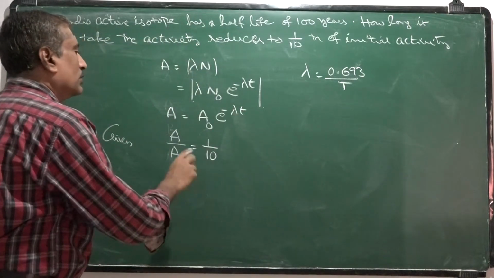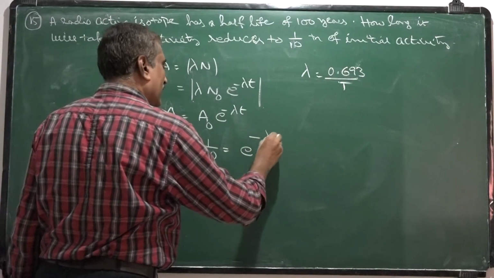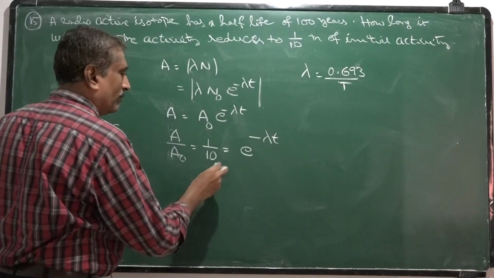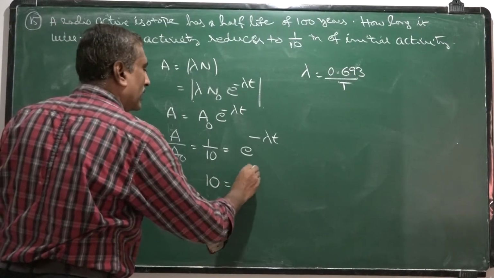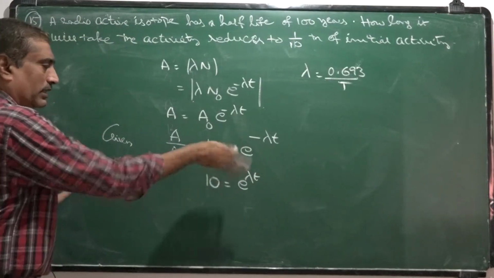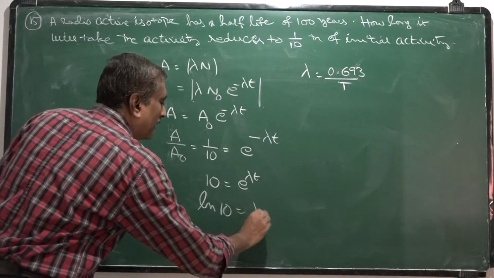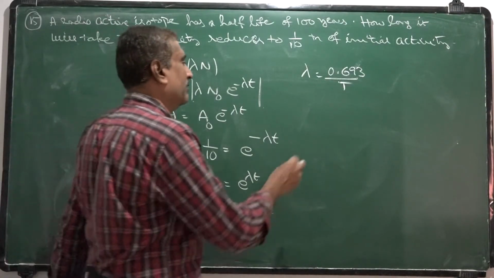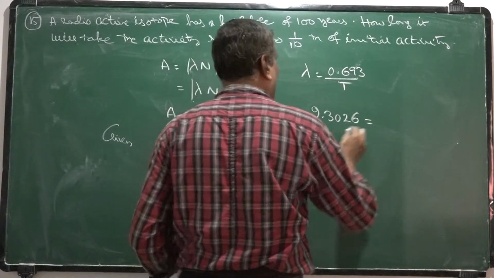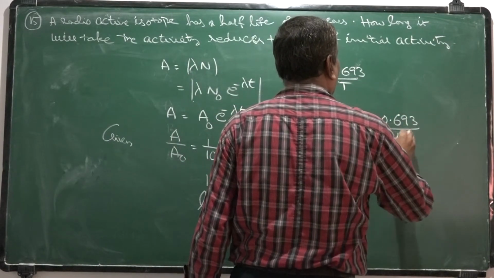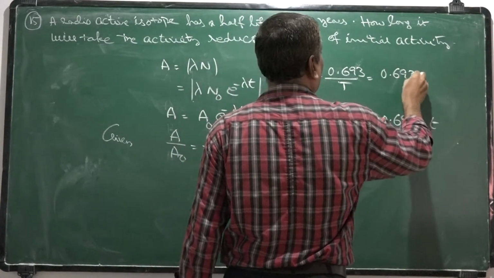So 1/10 = e^(-λt), which means 10 = e^(λt). Taking the natural log, ln 10 = λt. ln 10 is 2.3026 = 0.693 by half-life into t, and the half-life is 100.